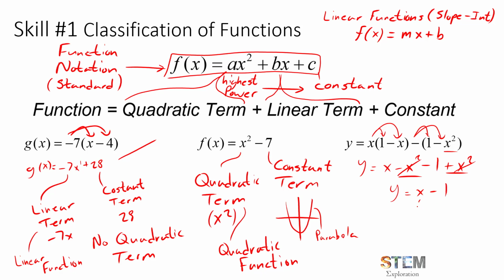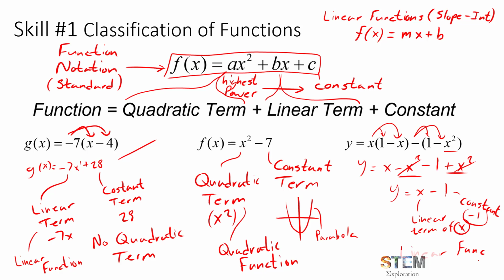So we have our linear term here of x, and we have a constant of -1. And so therefore, this is a linear function, not a quadratic, simply due to those x squareds canceling out.